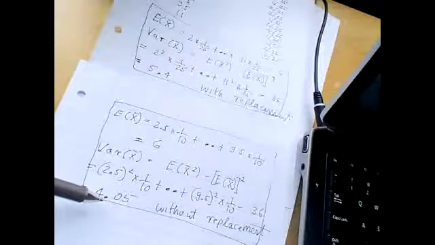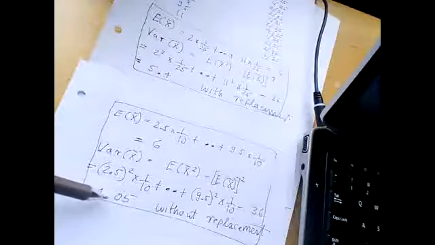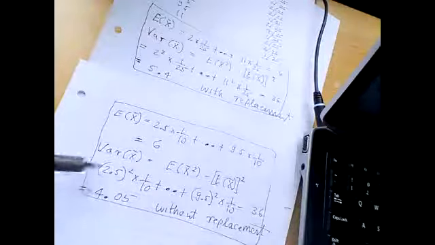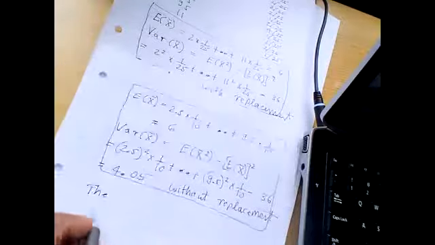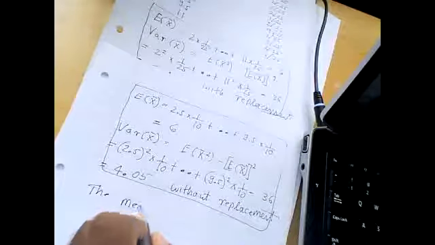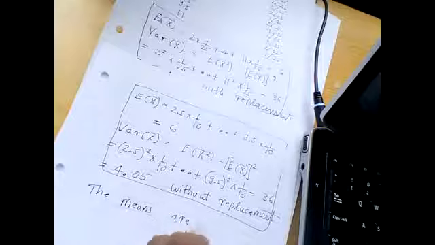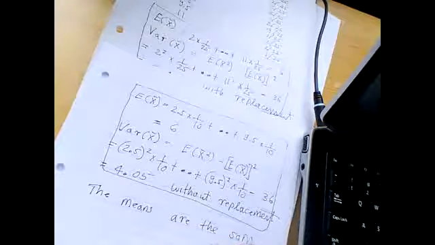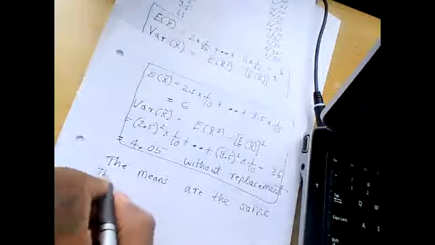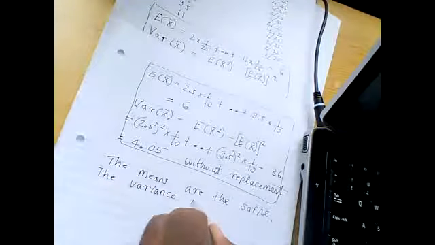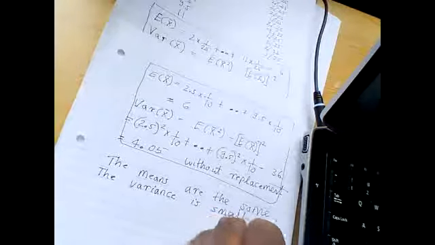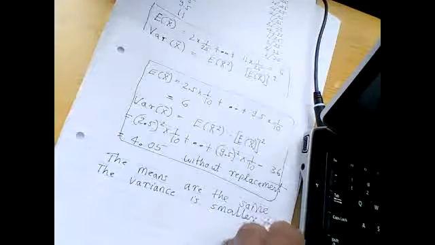So this one is better. Remember, the smaller the variance, the better the estimator. So the one without replacement gives a smaller variance. So the conclusion is the following: the means are the same, but the variance is smaller for without replacement.